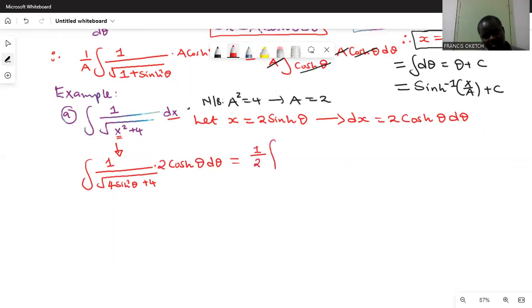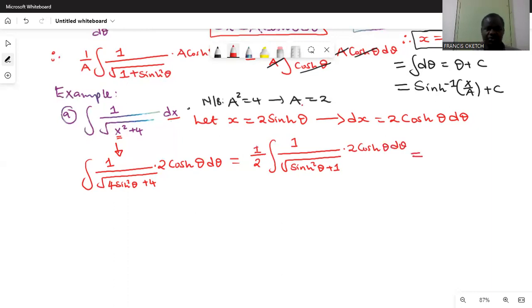And now we remain with 1 over the square root of sinh squared theta plus 1, times, I can see there's another 2, cosh theta d theta.